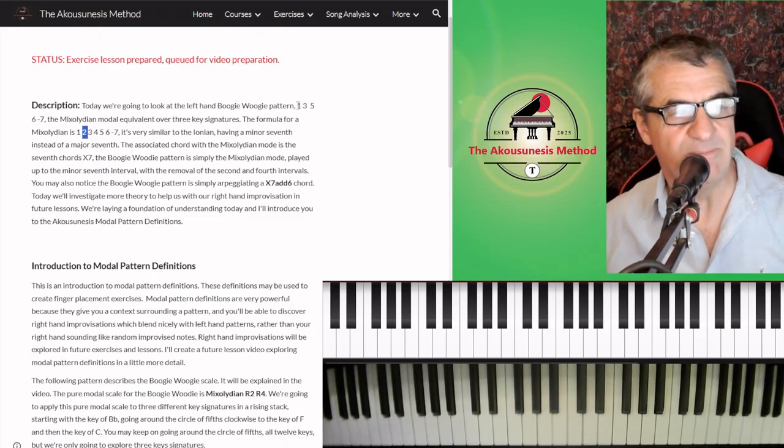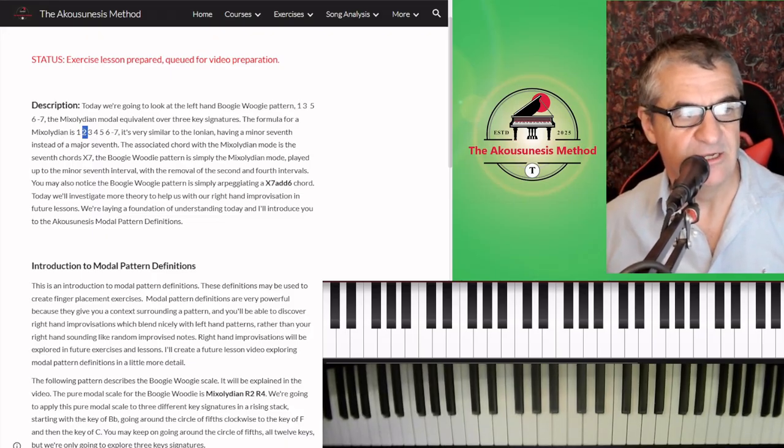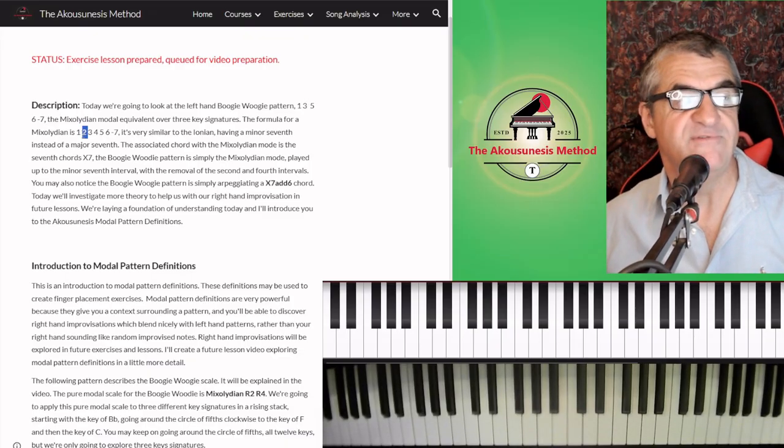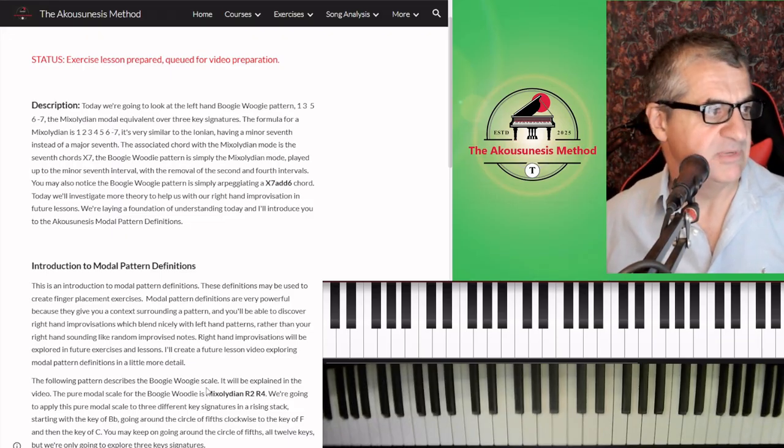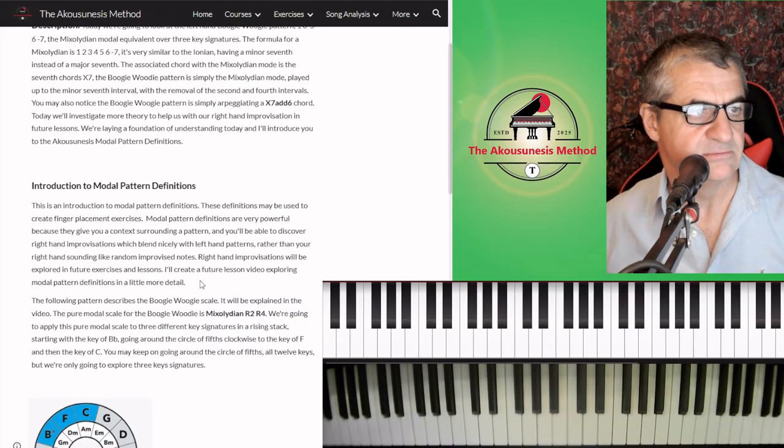So the boogie woogie pattern is a mixolydian with the removal of the 2 and the 4th interval, all right? So we have it down here. I'll bring it up right there. So that's a start.